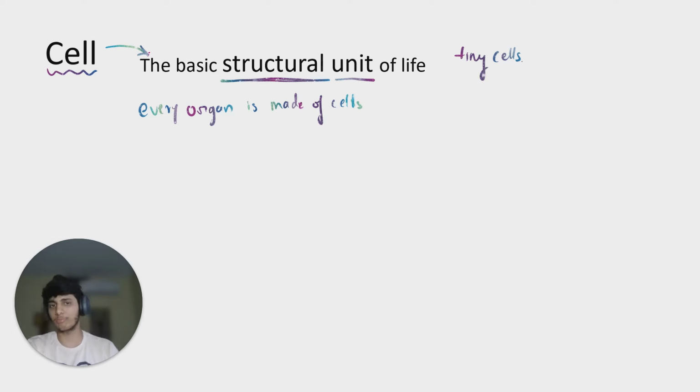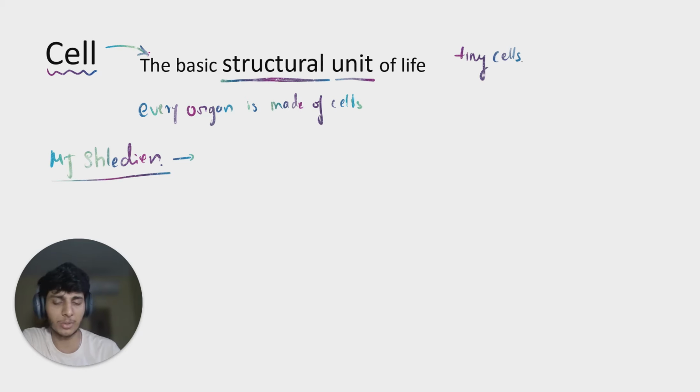So we know some basics about cells, and in genetics, importantly, a person called M.J. Schleiden coined that, we know there are two types of cell, right?